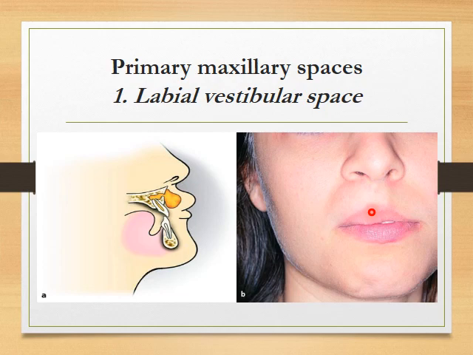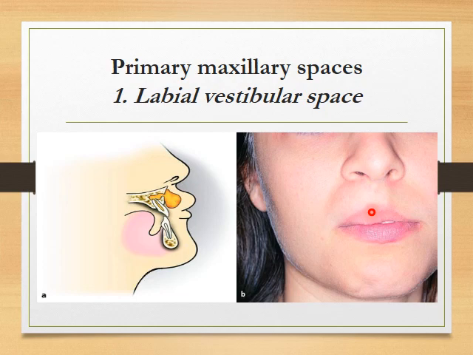What is the surgical approach to this? The drainage of this space is by vestibular incision. With every space in this lecture I will put a line on the surgical approach, because one of the most important lines of treatment in odontogenic infection is incision and drainage.